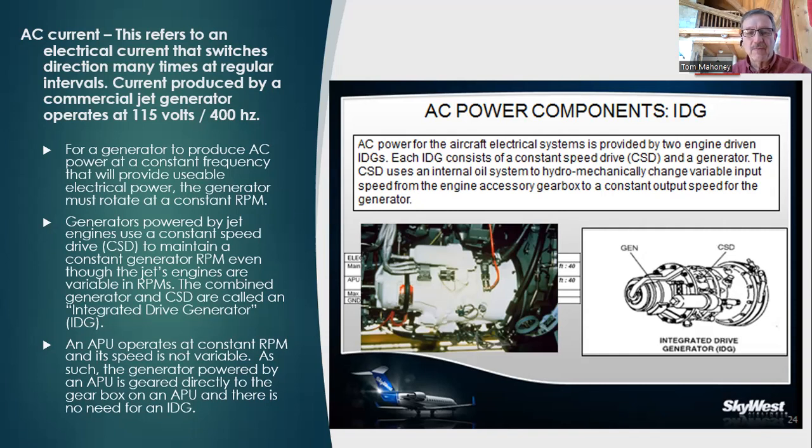We just take it right off the gearbox and power it that way. And we make sure that the generator is synced with the RPMs of the APU to provide 115 volts at 400 cycles. So generators on the APU don't need a CSD. Generators on our jet engine do need a CSD. And in summary, we call that an IDG. Those are located on the jet engines themselves.